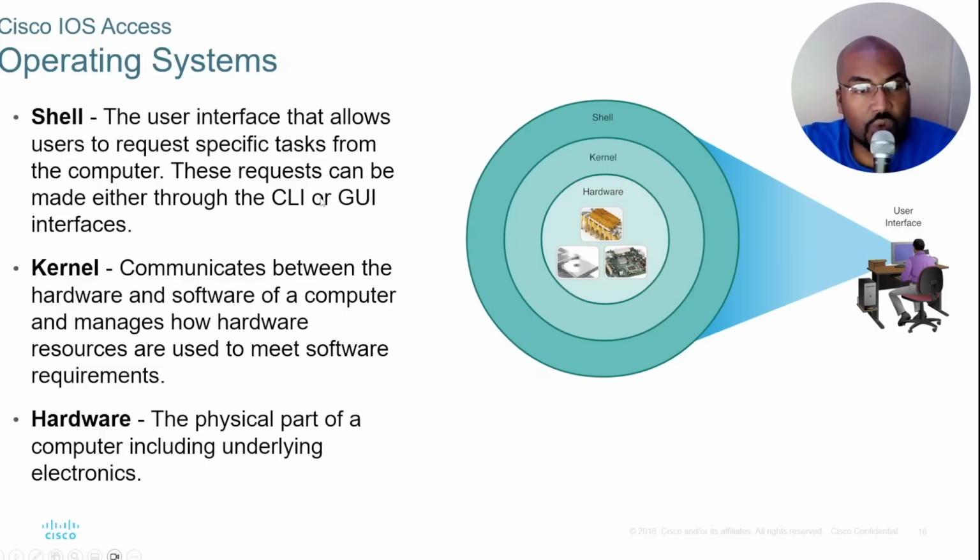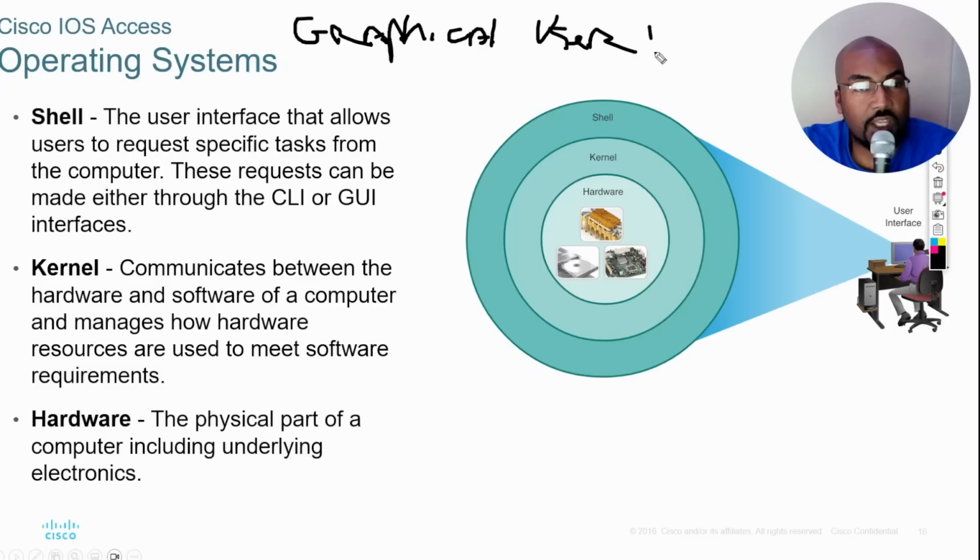Before we get going here, we're going to talk more about the CLI versus the GUI. If you know what the GUI stands for, I'm going to write this up here. GUI stands for the graphical, and forgive me, I'm trying to do this with a mouse, graphical user interface.